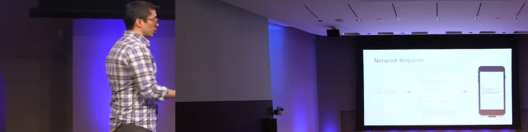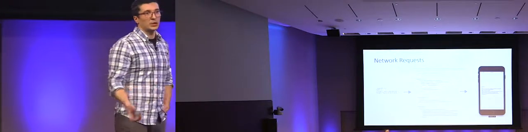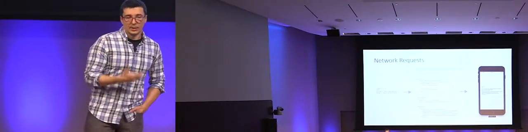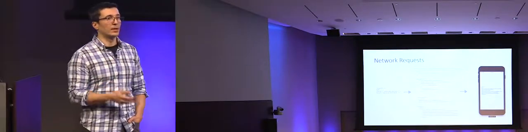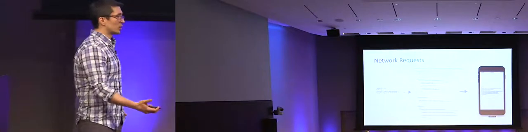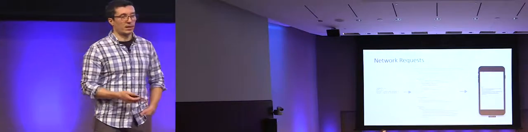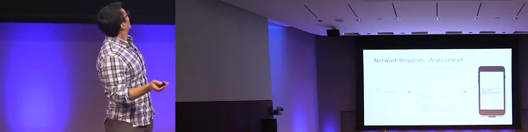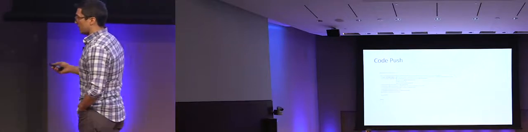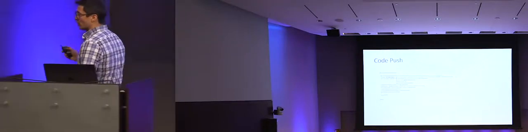Network requests, because it's JavaScript, it's second nature. Interacting with JSON requests, again, similar to Flutter, there are futures and the concepts of async await. And what's different is the remote loading of JavaScript code.